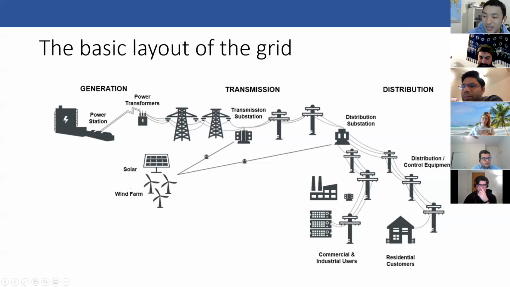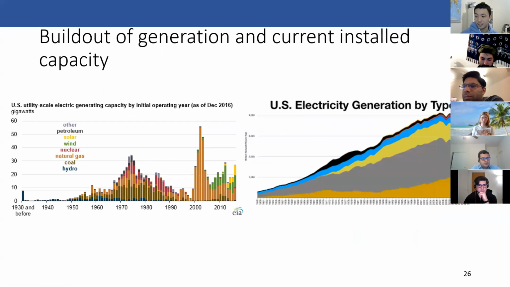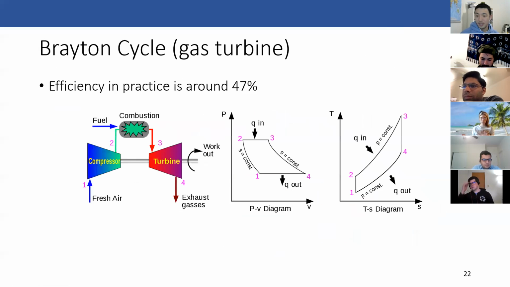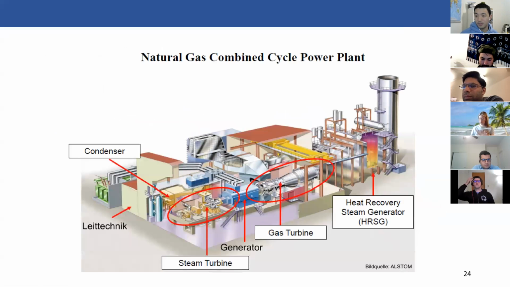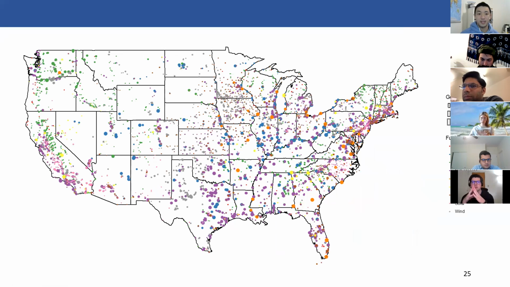When I look at this diagram and think about residential customers using power, let me go back to this diagram. Let's say I'm living here in Davis, and I decide to turn on my computer or turn on the TV.